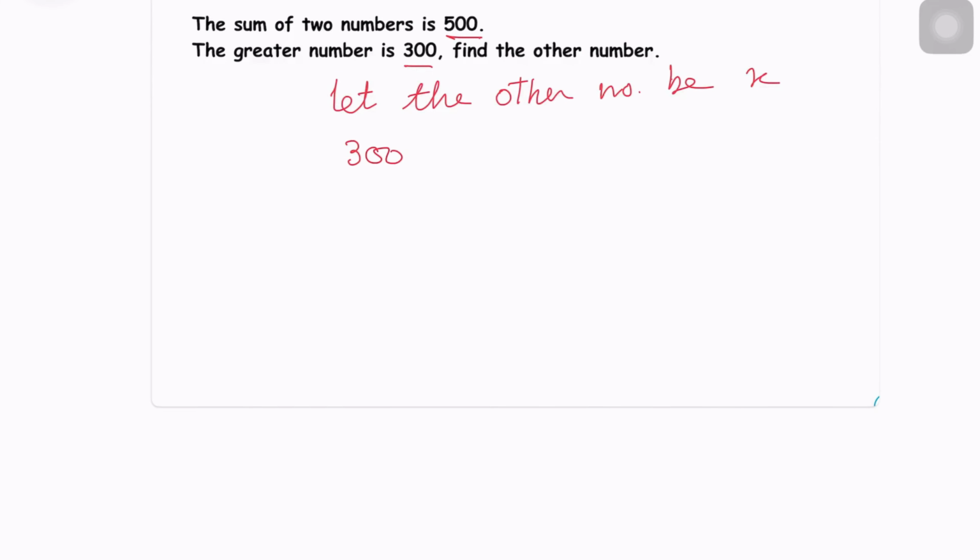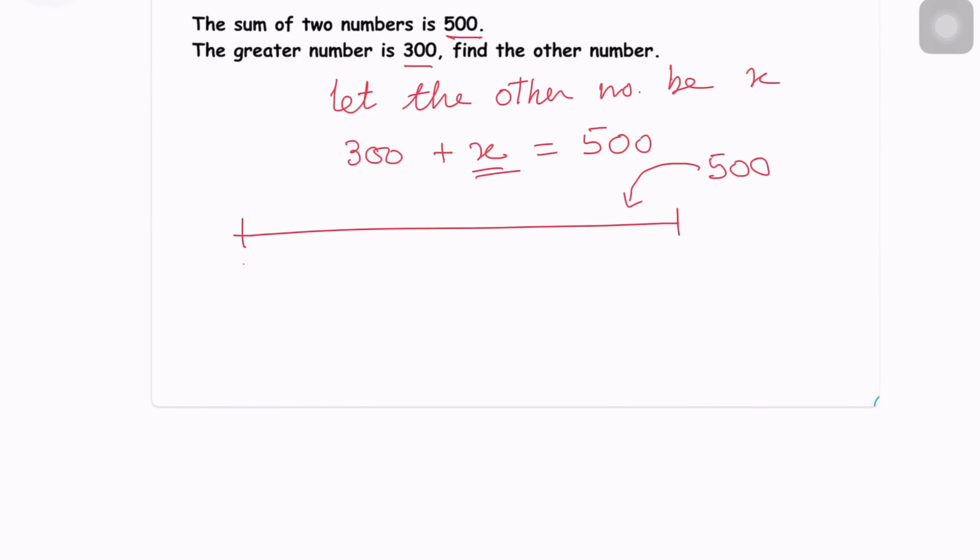So 300, we know one number, plus x, we don't know this one, is equal to 500. So out of these three, the biggest number is 500, okay. So the line will be something like this, 500. So this full line is 500, okay. Then from here to here it is 300, okay.